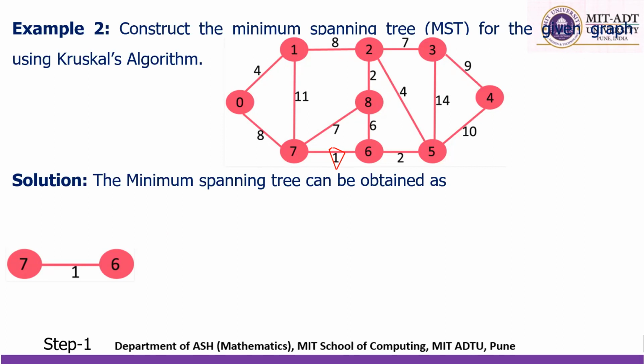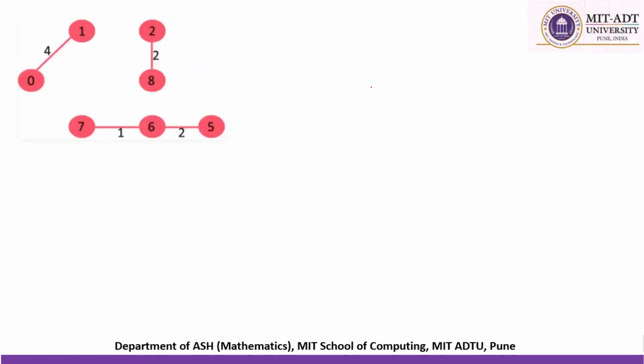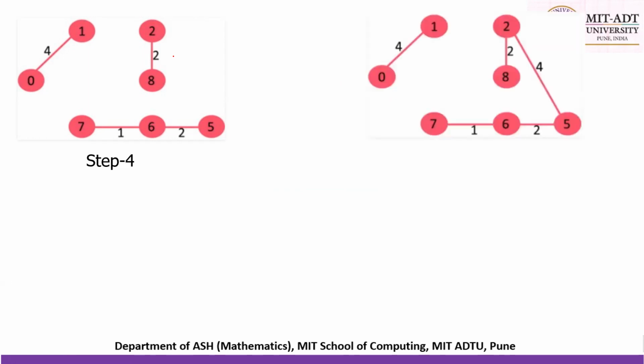Then the second minimum edge is 2. Either we can choose 6 to 5 or 8 to 2. We have already taken this one over here. Now, in the next part, 4 is the minimum weight. Then again, this 4 is the minimum weight.